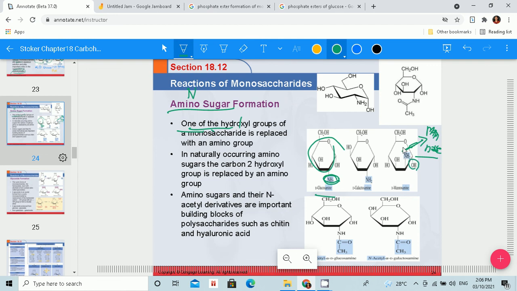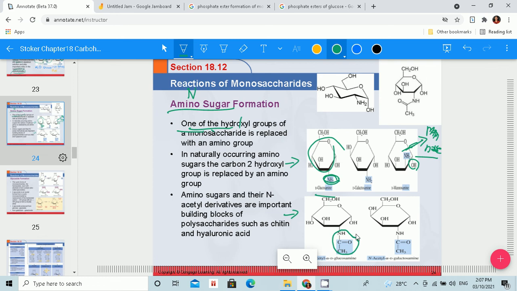And this is mannose. This group is just replaced with amino. Amino sugars and their N-acetyl derivatives are important building blocks of polysaccharides such as chitin and hyaluronic acid. So this one is an N-acetyl.